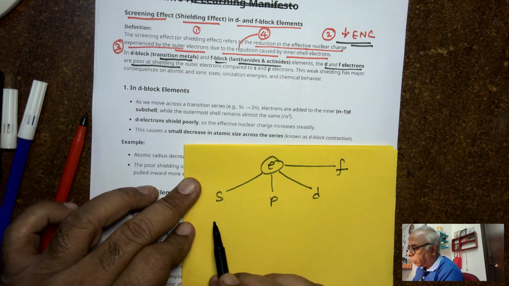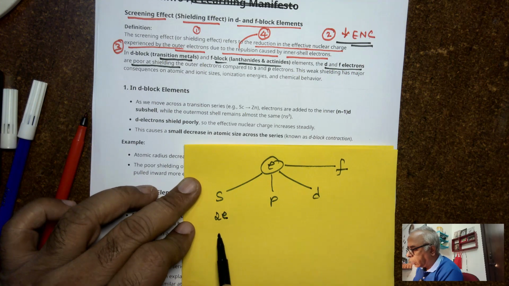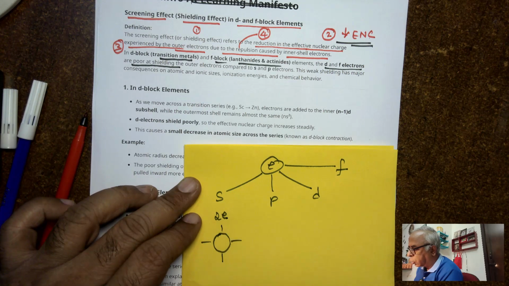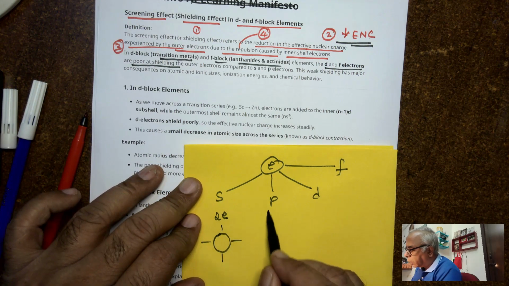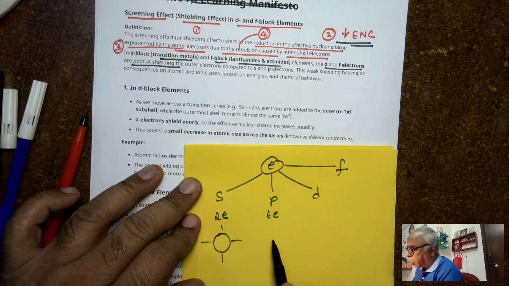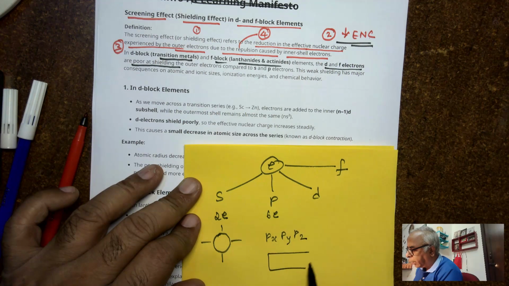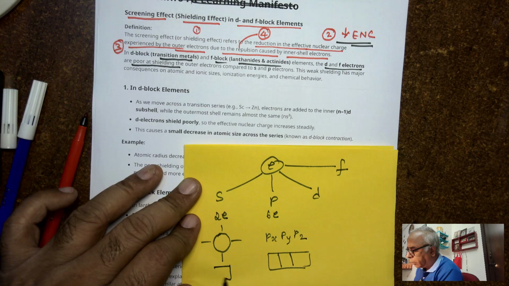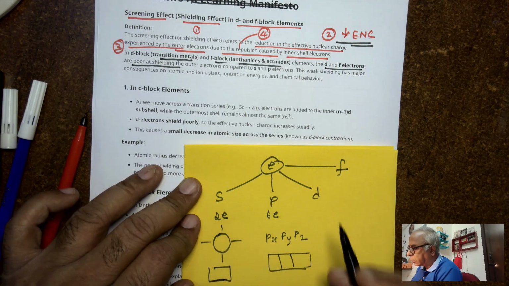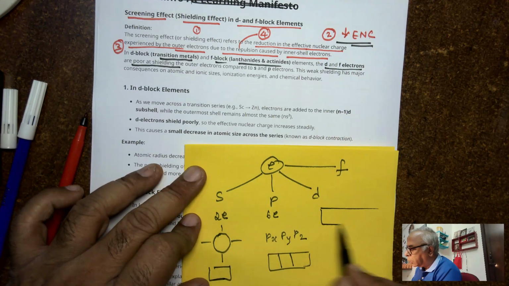The S orbital can have at the most two electrons. It has got the spherical shape like this, symmetric arrangement. The p orbital has got six electrons at the most. It means you've got px, py, pz. So simply it is represented by three boxes. And here it can be represented by one box, that is S. And what about this d orbital?